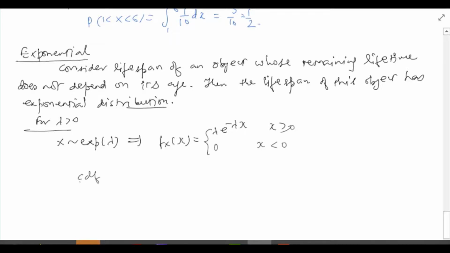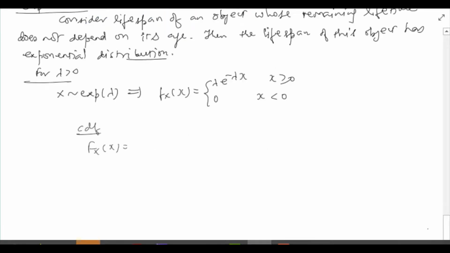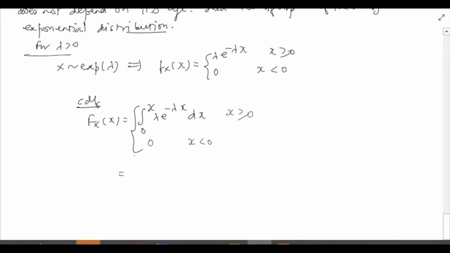The CDF of an exponential random variable F(x) is given as follows. F(x) would be the integral from 0 to x of lambda e raised to minus lambda x dx, that is the integral of density from 0 to x, for x greater than or equal to 0, and it will be 0 for all negative values of x. It can be easily checked that the CDF is 1 minus e raised to minus lambda x for all x non-negative, and it's 0 for all x that are negative.